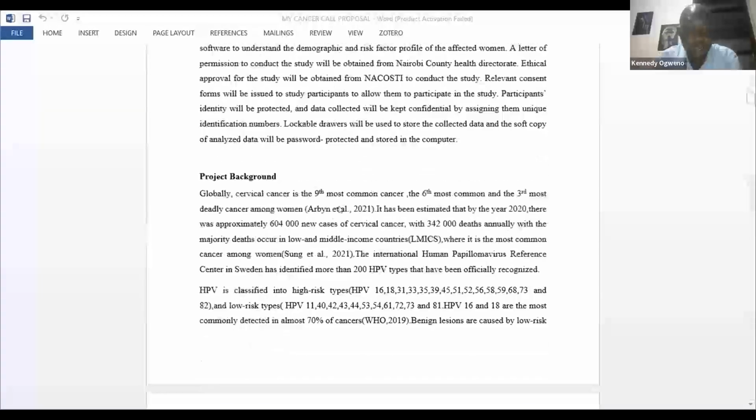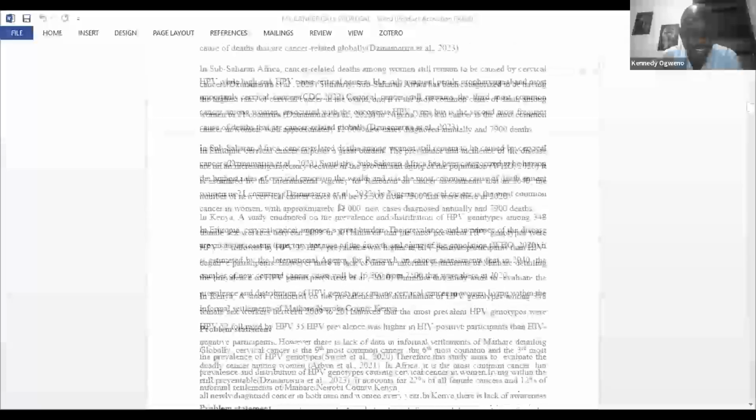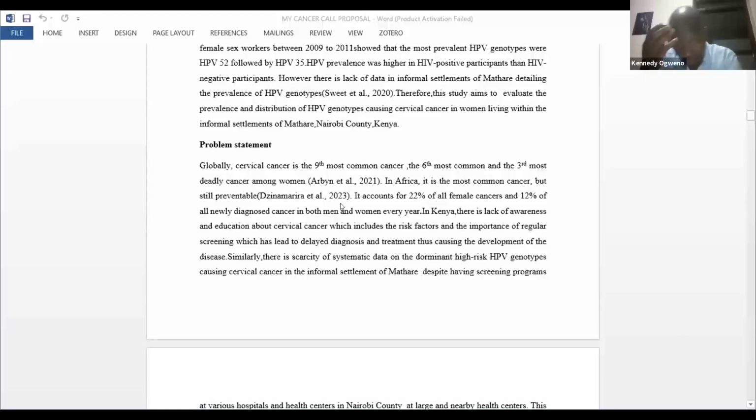So this was the background of the study and the problem. The problem statement should also be problematized, so you also write it in an inverted triangle. When you are writing the problem, it should capture the objective and flow, so that when somebody sits down and reads, he or she understands what the problem is.